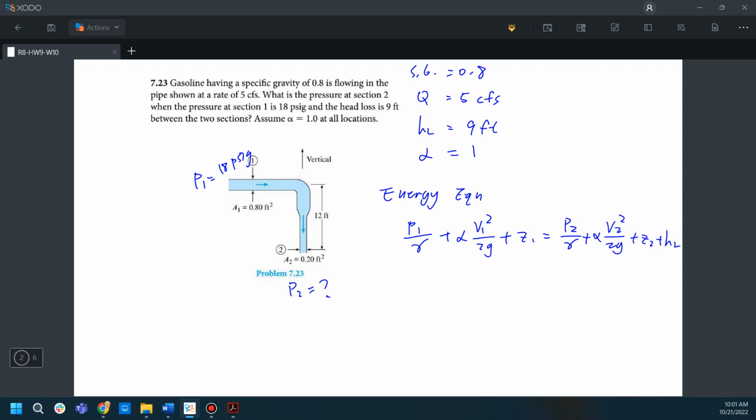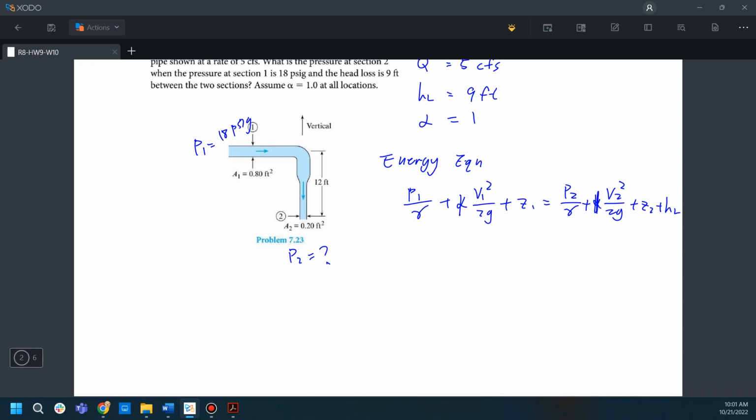Okay, and because we know the alpha is equal to 1, so we can ignore this alpha factor here because it is 1. Okay, then we define the points that we want to apply to this energy equation. The point 1 is at section 1, and point 2 is at section 2. Okay, and now we can start to simplify the equation.